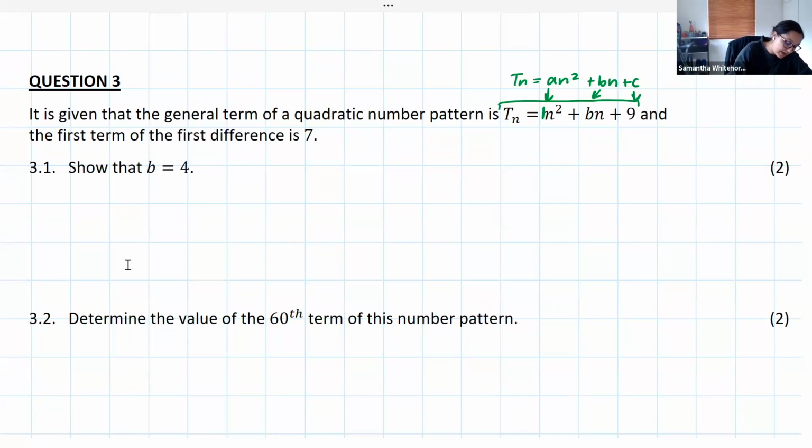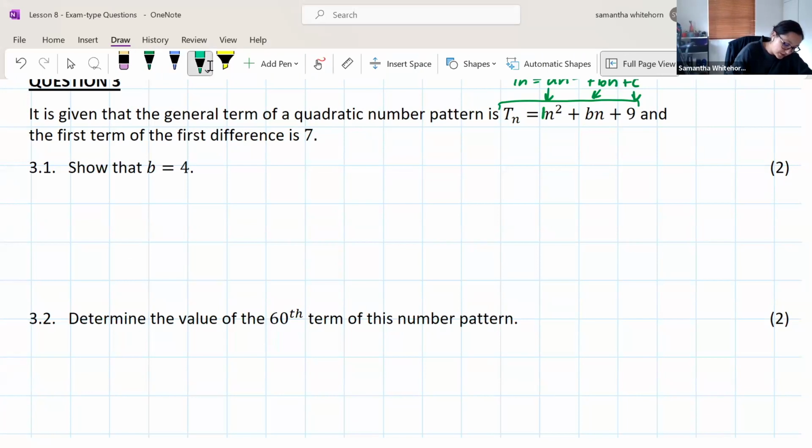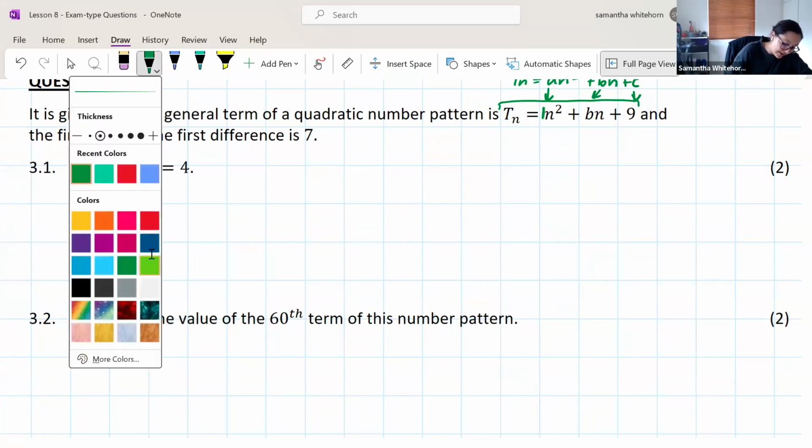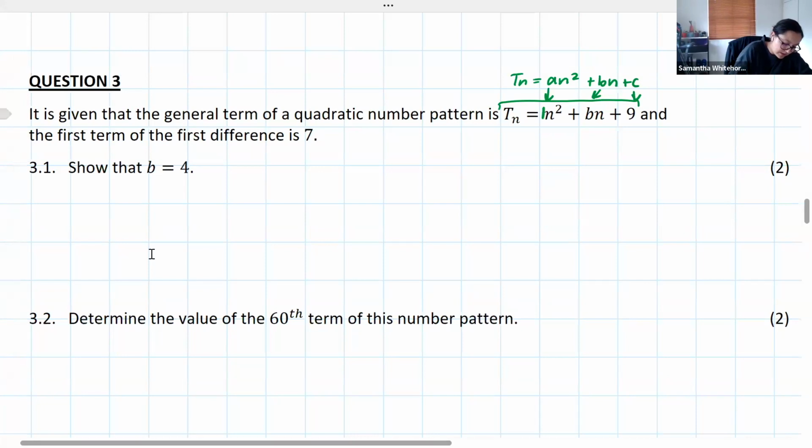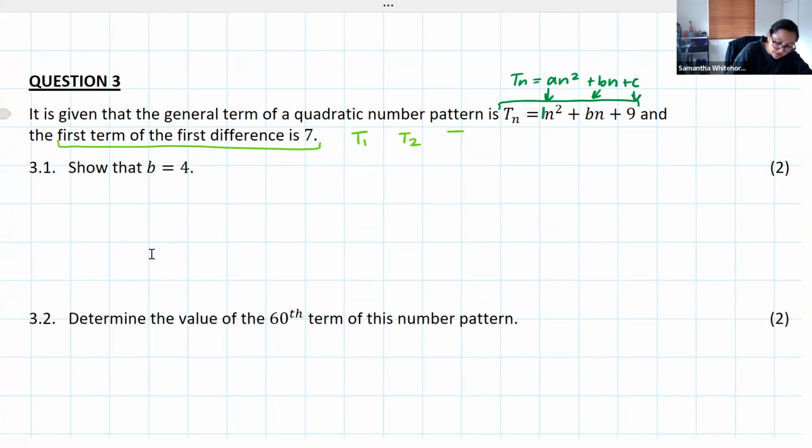The next thing that I've been told is the fact that the first term of the first difference is 7. What that means is the following. We would have term 1 of our quadratic, term 2, term 3, etc. Remember that when we find the difference between term 1 and term 2, these are our first differences.